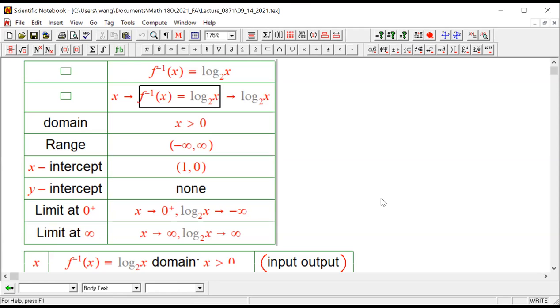And what are we going to do next? I want you to bring 2 to the power x next to this table. Do you guys have the summary for 2 to the power x? Let's find it.